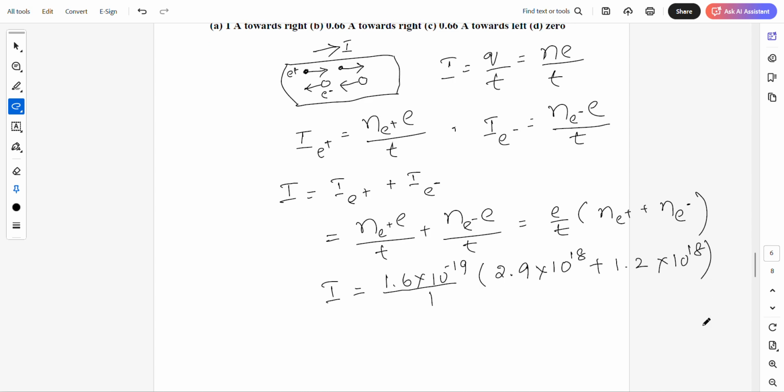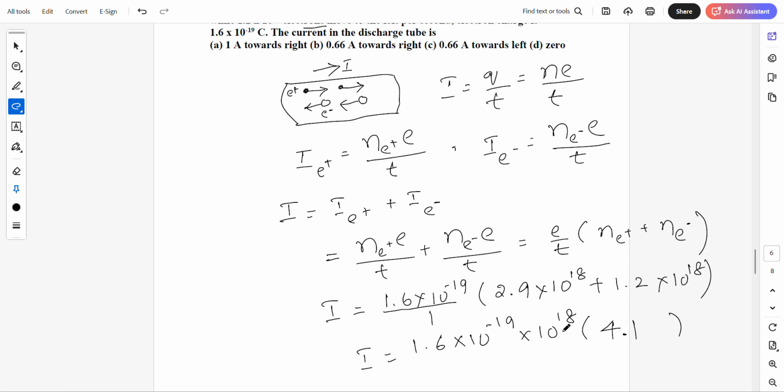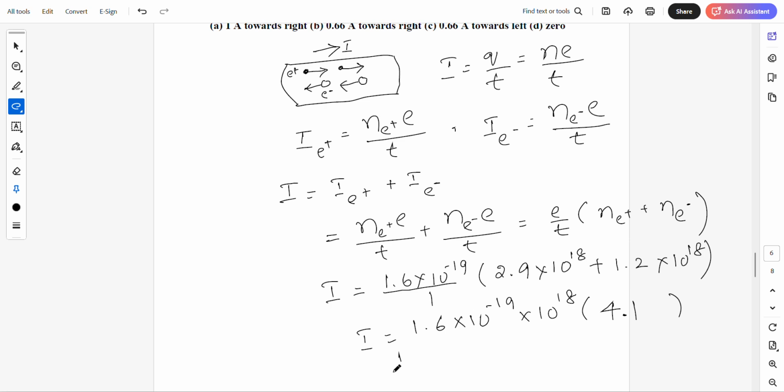This 10 to the power of 18 you can also take common. I is equal to 1.6 into 10 to the power of minus 19 into 10 to the power of 18 into (2.9 plus 1.2), that is 4.1. 4 sixteens are 64, so you get I is equal to 0.66 amperes.